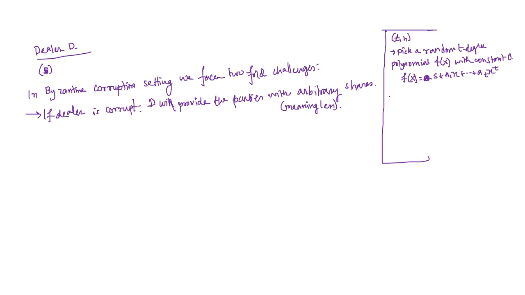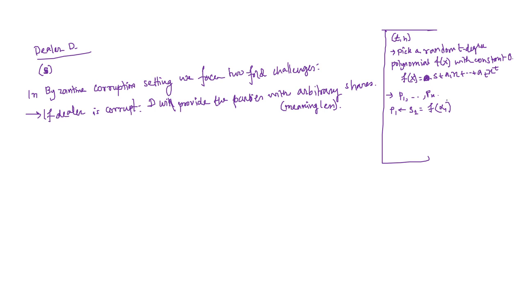And then for sharing, if there are parties P1 to Pn, it can give to P1 the share s1, which is nothing but the polynomial f evaluated at some point alpha 1.